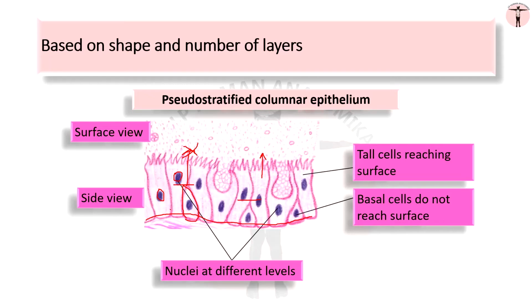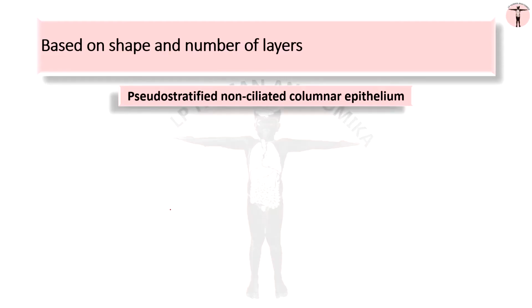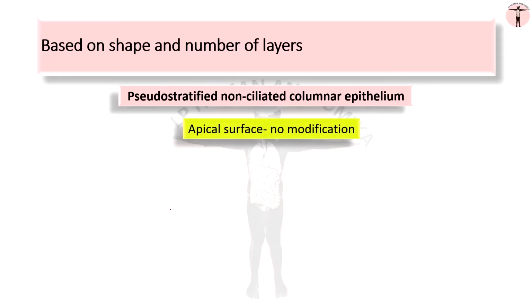This epithelium is further classified into three types depending on the surface modifications: pseudostratified non-ciliated epithelium, pseudostratified ciliated columnar, and pseudostratified columnar epithelium with stereocilia. In pseudostratified non-ciliated epithelium, the apical surface does not have any modification.